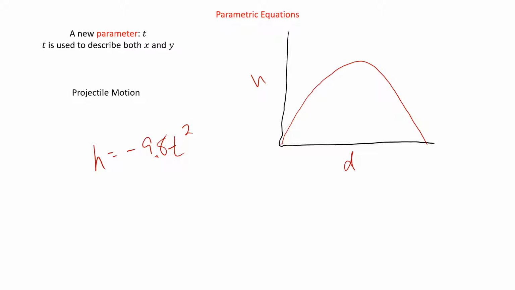We have the initial velocity, things like that. And then the distance will be something like it's moving horizontally at 3 meters per second. This right here is a parametric equation because we're using this third variable, t, to describe the x and y variables. So that's a crash course on what parametric equations are. Let's see some of them in action.